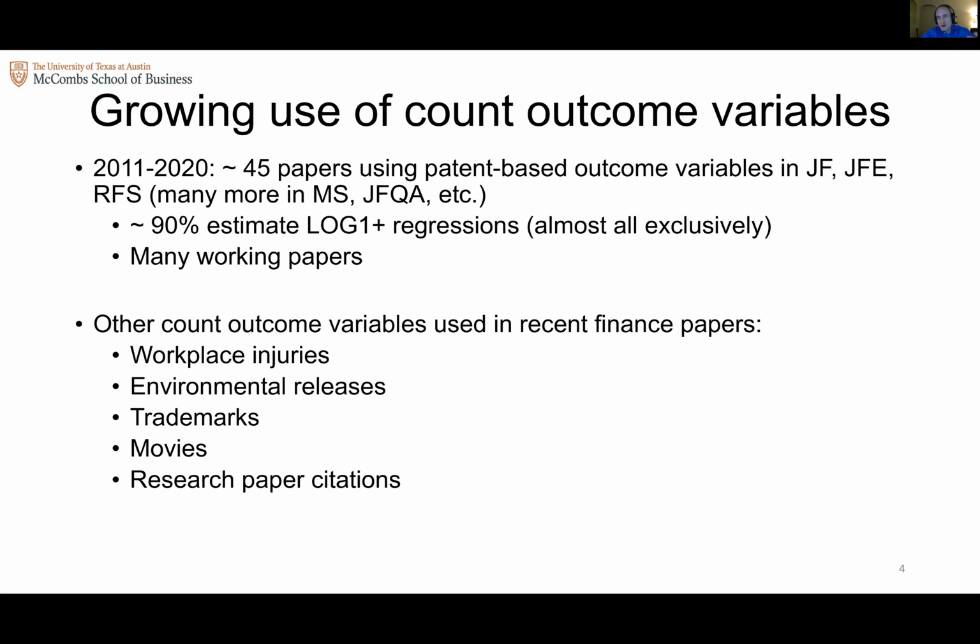Our co-author Zack has a paper looking at the number of movies an actor is acting in as a left-hand side variable. Research paper citations. These are all inherently count-based variables, so it's important to understand the econometric properties of the estimates we get out of these regressions.